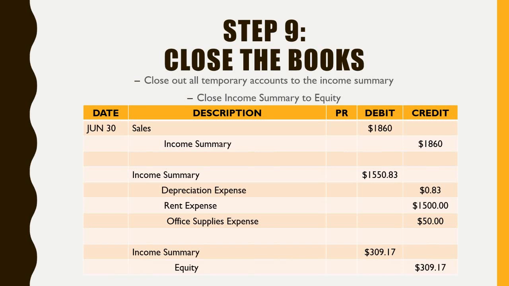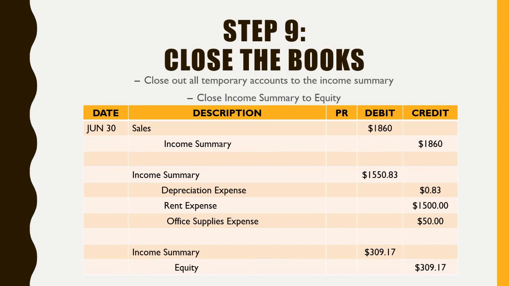In this case, because we are focusing on a sole proprietor or a small business, we're going to zero out every single account. All of our sales accounts are going to be zeroed out and placed into income summary.